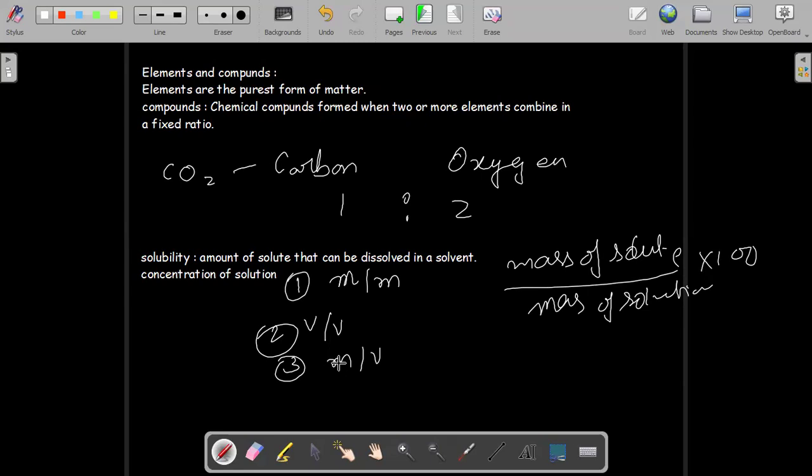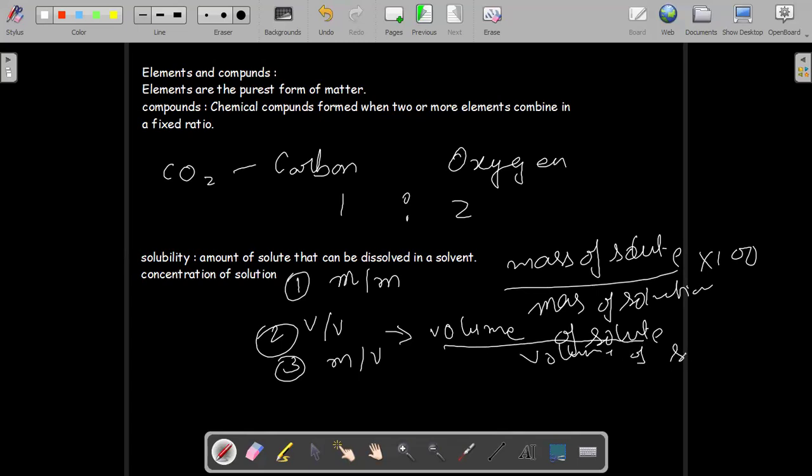Then V by V, or volume by volume. When you are taking your solute in liquid form, it's easy to measure its volume. So volume by volume is volume of solute divided by volume of solution.